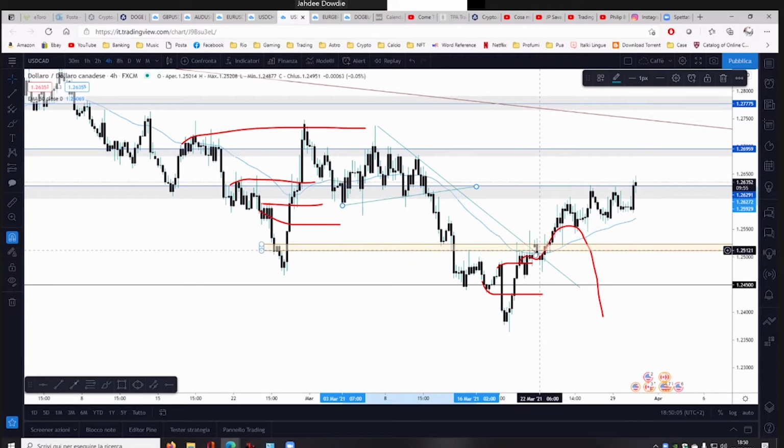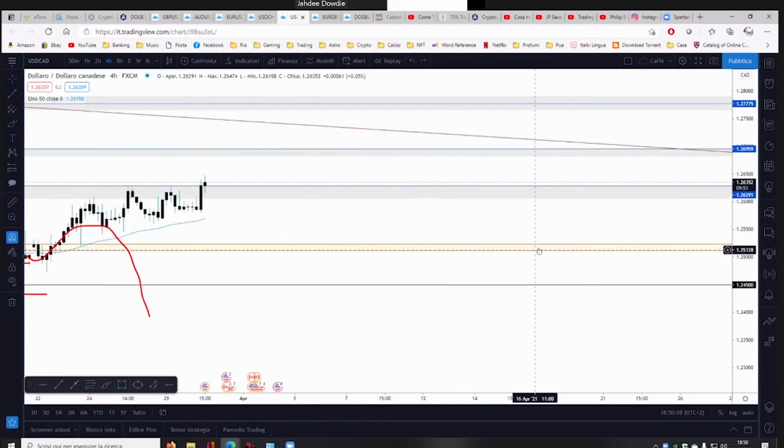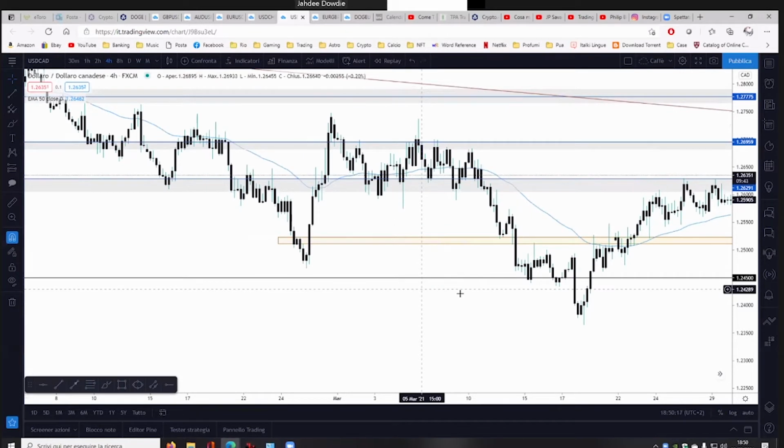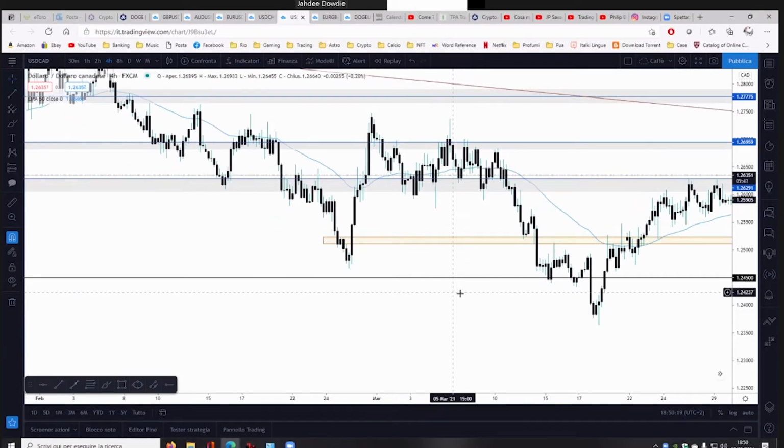So if, for example, in the weekly time frame I have a bearish trend, but in the 4 hours I have a bullish trend, should I wait? Yeah, it would be better to wait.